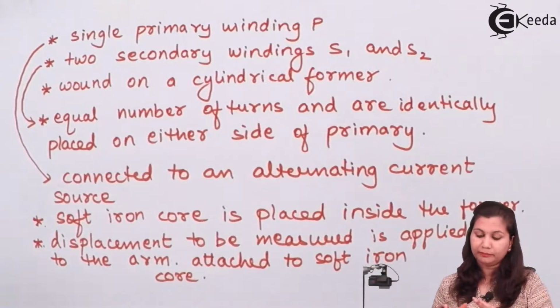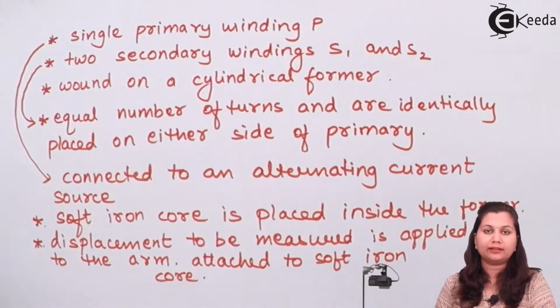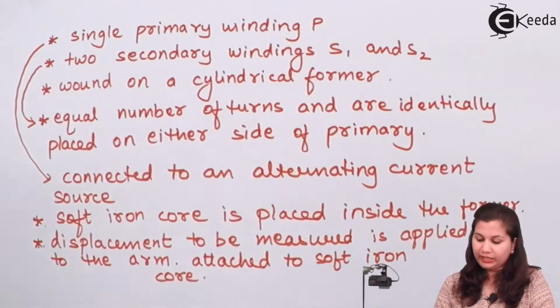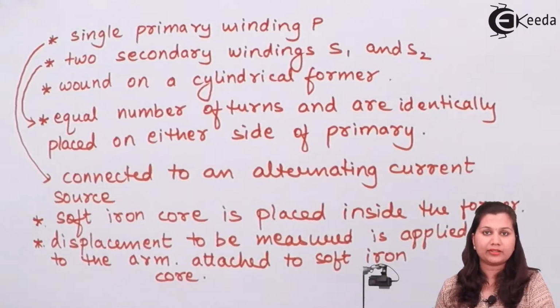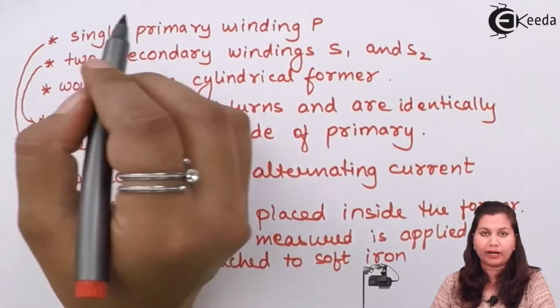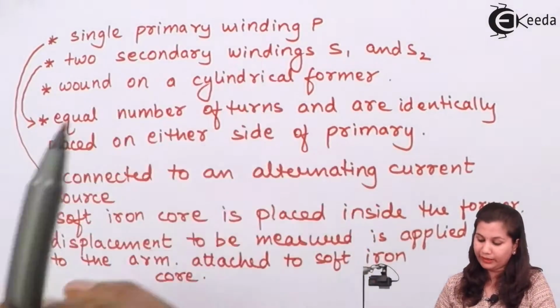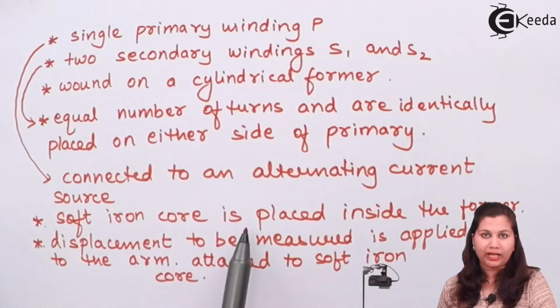So these were the main components present in the LVDT, or we can say this is the basic construction of the LVDT, having one primary winding, two secondary windings, and one soft iron core.